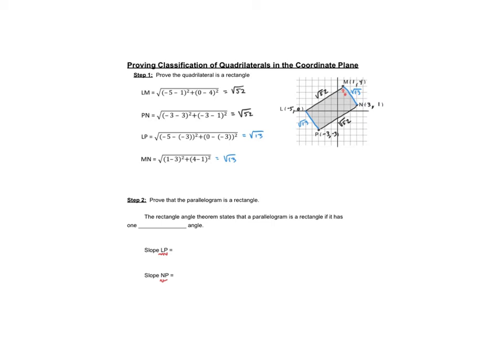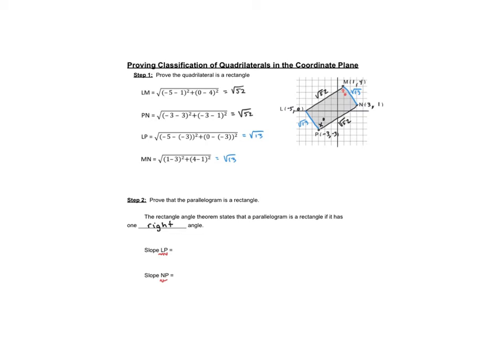So we are going to find the degree measure of, right here, what is that degree going to be? We are looking for opposite reciprocals, which would indicate perpendicular intersection.